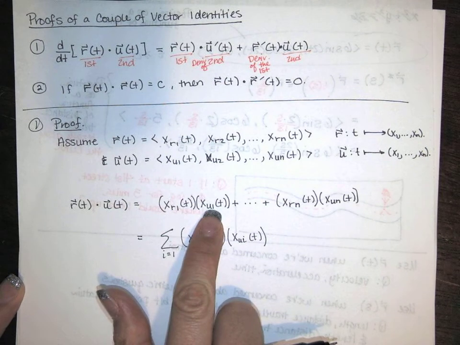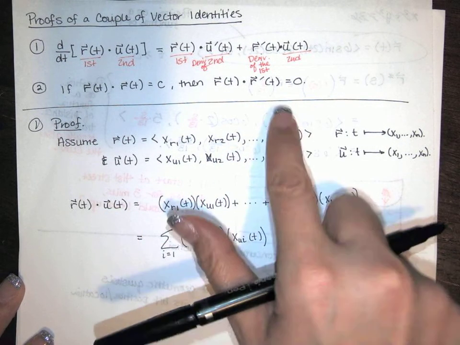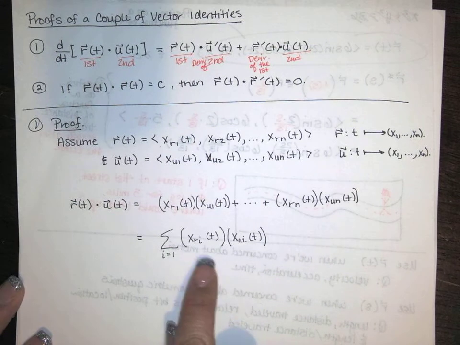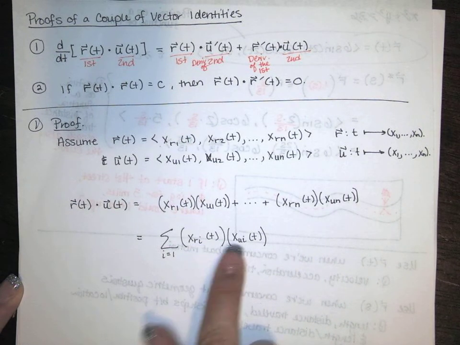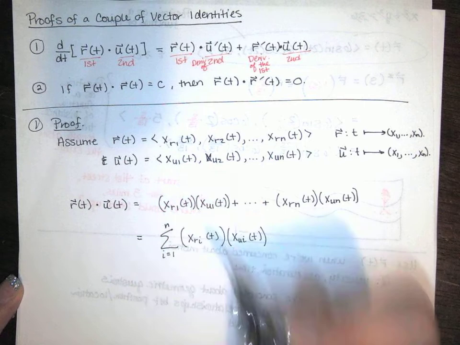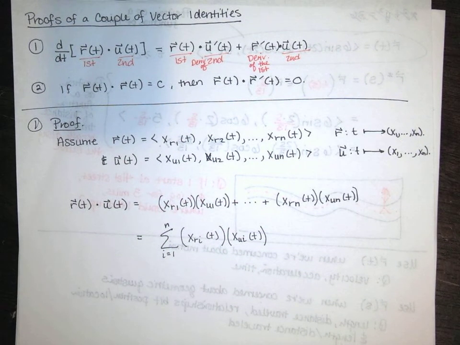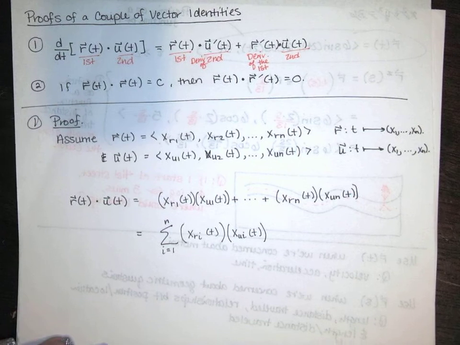So I multiply the first components together, then the second components together, and then the third, and eventually the nth, and we get this. And we're doing this as i goes from 1, that's my first term, through n. So this is just the sum of a product of two functions of t.